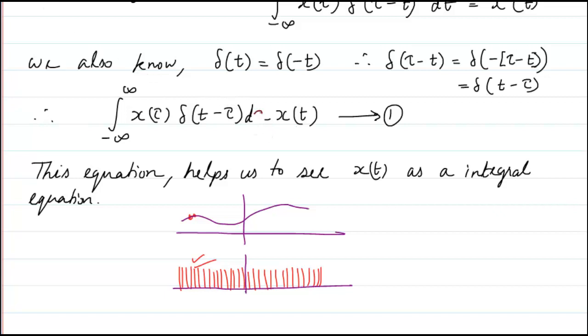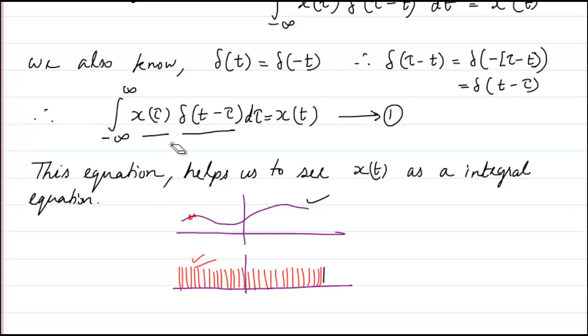So any signal x of t can be written as a combination of very closely lying impulse functions multiplied with the original x of t, and when you integrate you get this.